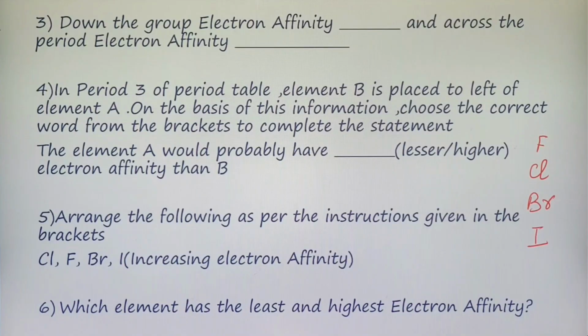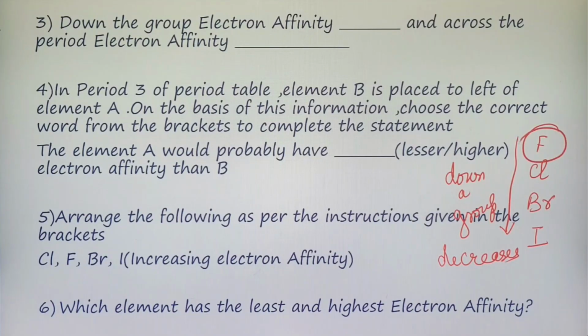Yes or no? When I say group, I mean they are down a group, that is from top to bottom. Now what happens to the electron affinity, children? Actually, top to bottom, the electron affinity will decrease. But here you have to remember an exception. Fluorine and chlorine, please remember this.